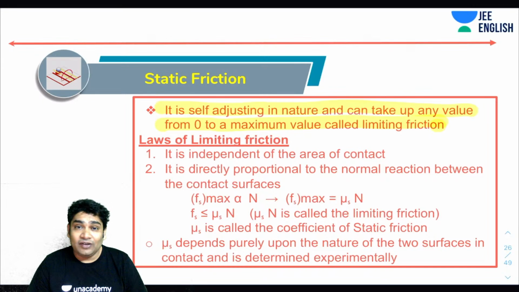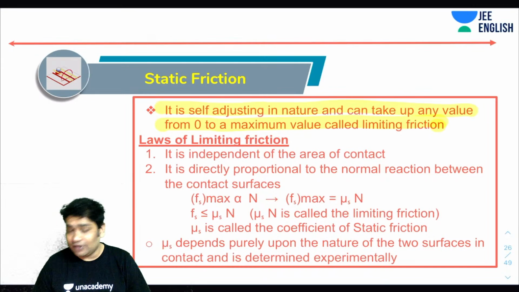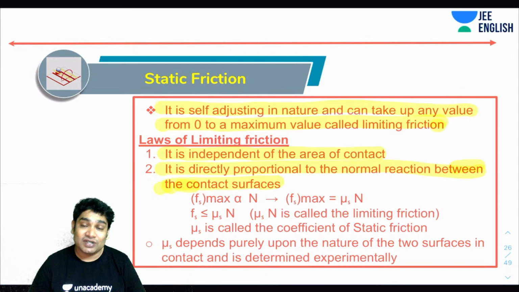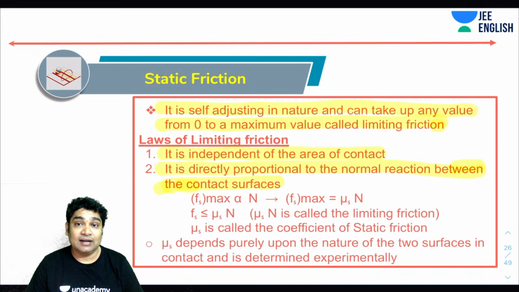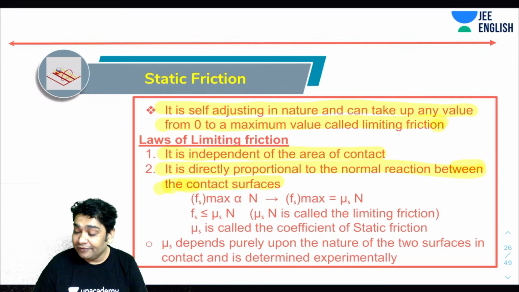Now we'll talk about laws of limiting friction. Laws of limiting friction are as follows. One, this force is independent of area of contact. Then it is directly proportional to the normal reaction between the two contact surfaces. So you can write that Fs max, the maximum static friction, is directly proportional to N. Therefore, the maximum static friction or limiting friction is equal to mu s times N, where mu is the proportionality constant that you introduce.